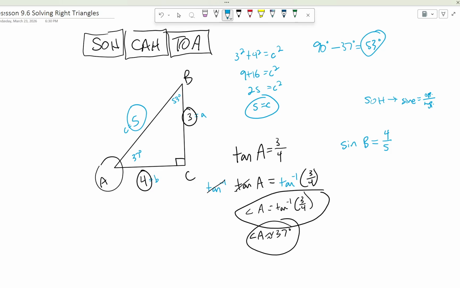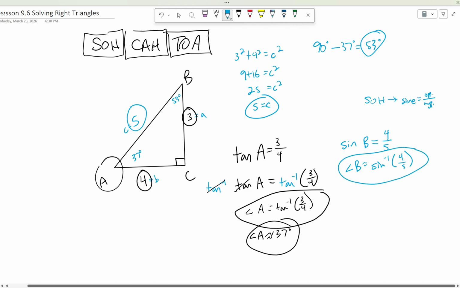So when we solve this, angle B is equal to the inverse sine of 4 over 5. It's a really funky looking equal sign, let me clean that up a little bit. So angle B is about equal to 53 degrees.